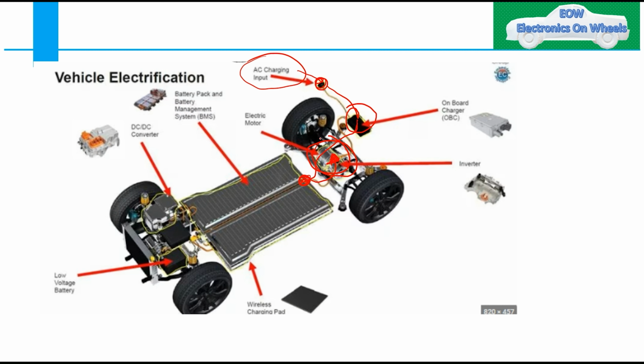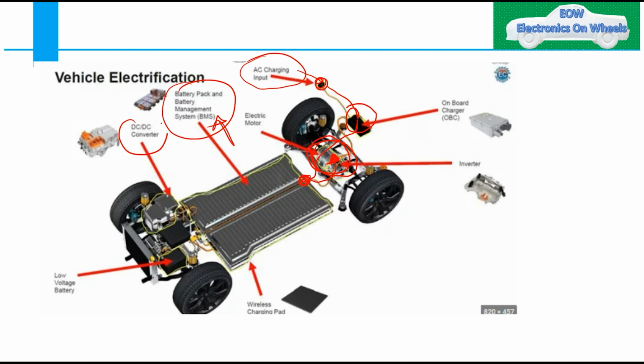This is one single piece, with the electric motor and inverter integrated. This is your battery pack with BMS, also an integrated part. It doesn't come with BMS separate and the battery pack separate; it is all integrated. BMS is the battery management system. We will describe each and every component in the coming slides.